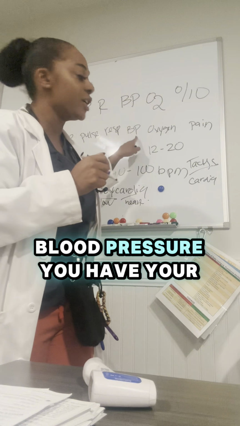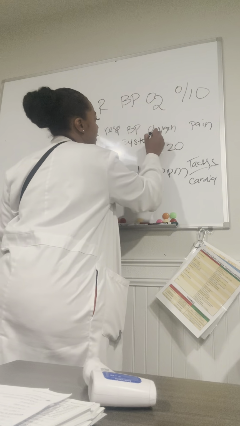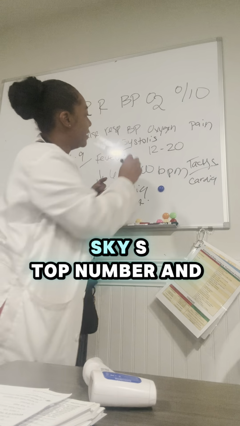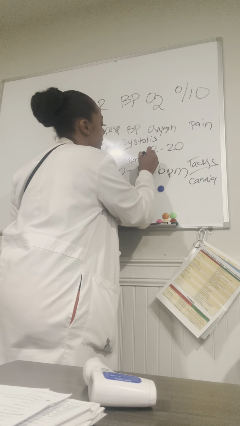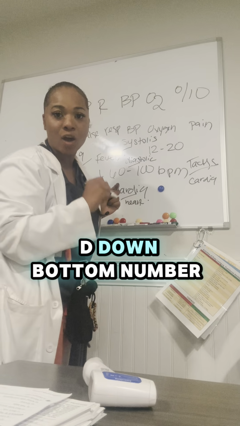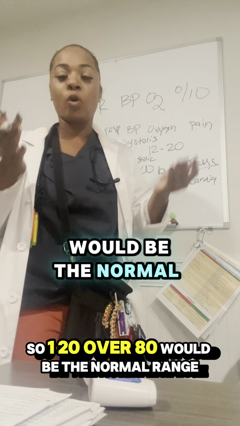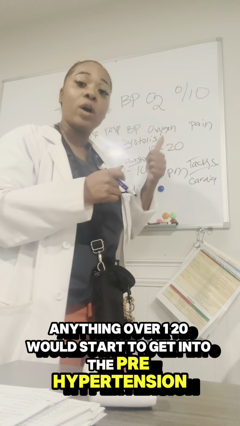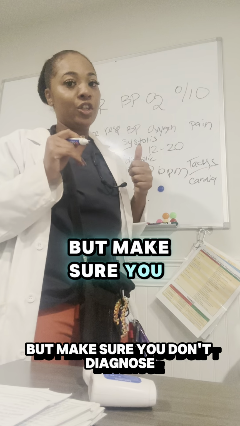If you have your blood pressure, you have your systolic, S, top number, and diastolic, D, down, bottom number. Okay, so 120 over 80 would be the normal range. Anything over 120 would start to get into the pre-hypertension, but make sure you don't diagnose.